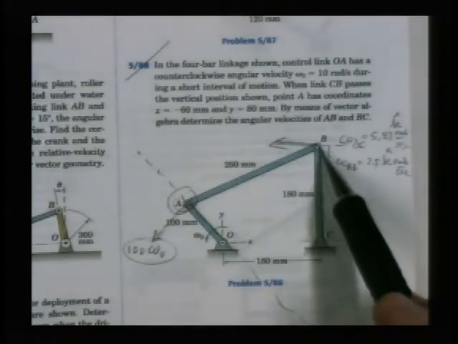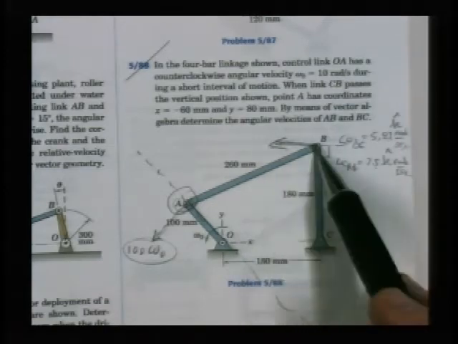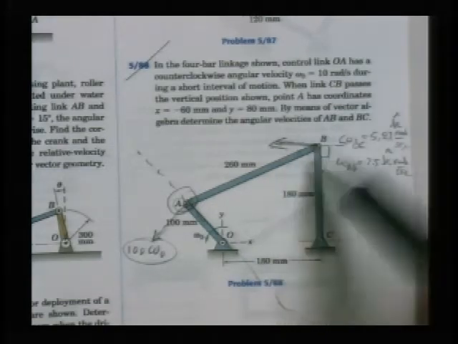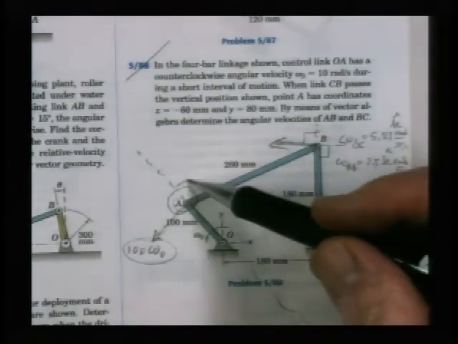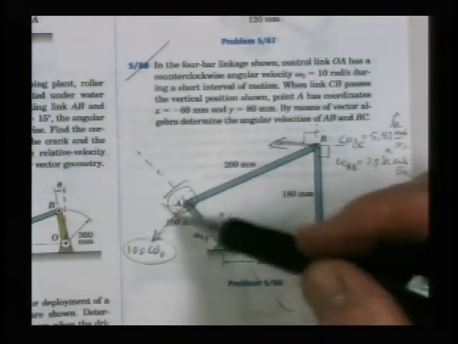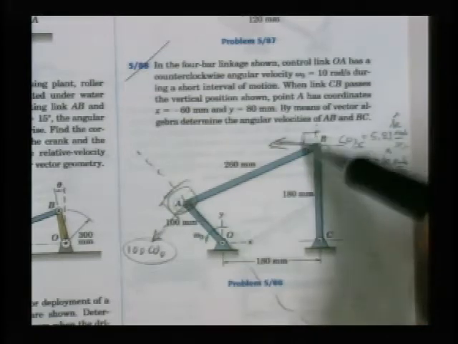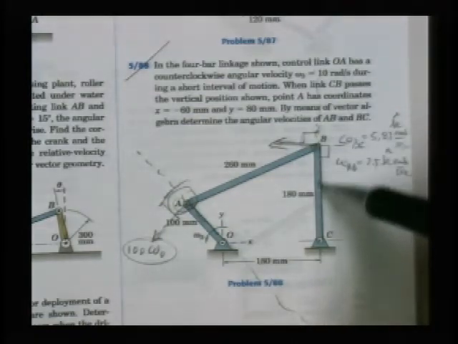This point B on member AB is in motion to the left, shown here. So perpendicular to it must be a line of action.